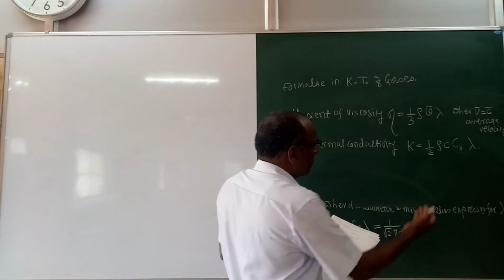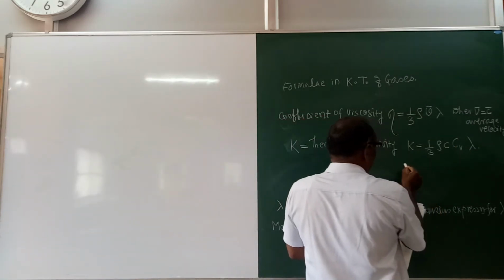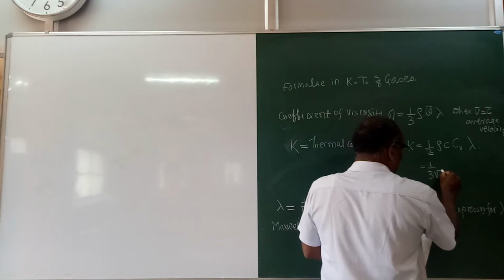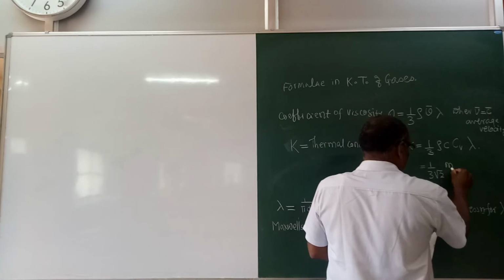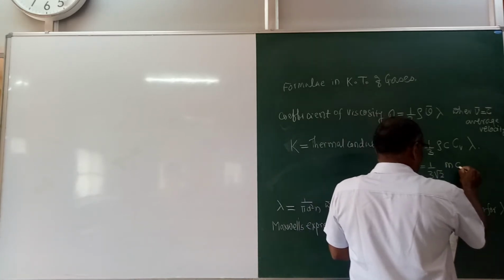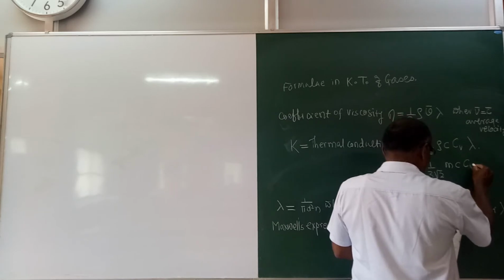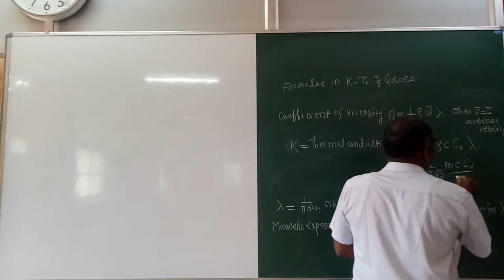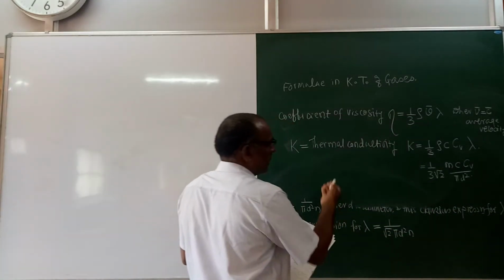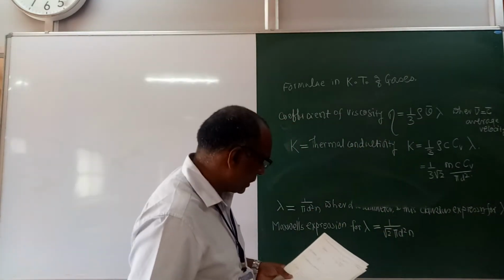So using this lambda I can write this relation, that is 1/3 root 2 m c small c, c v upon pi d square. This is what we are using for lambda here.